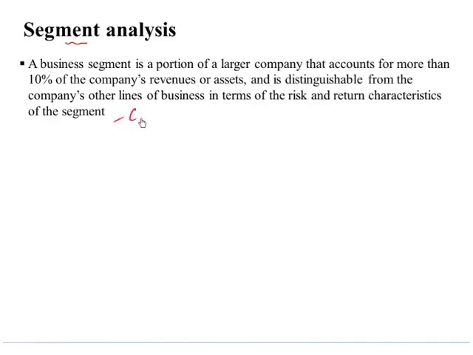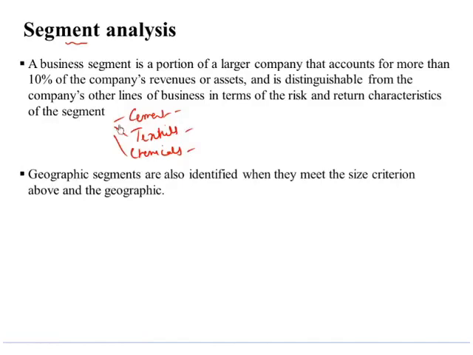So if I have a cement business and I also have a significant portion of revenues coming from textiles or chemicals, then each of these lines would be a separate business segment. Sometimes for the same business, the segments can be defined by geographies. So India may be one market, Europe may be another market, and so on and so forth. So geographic segments are identified when they meet the size criteria and are in different geographies. So each of them should be at least 10% of the revenues and present in different geographies.